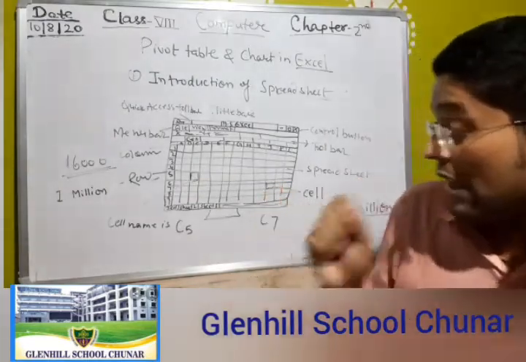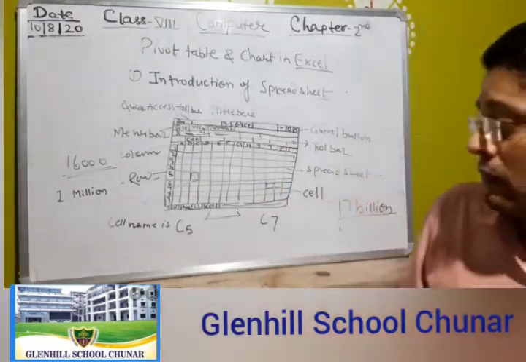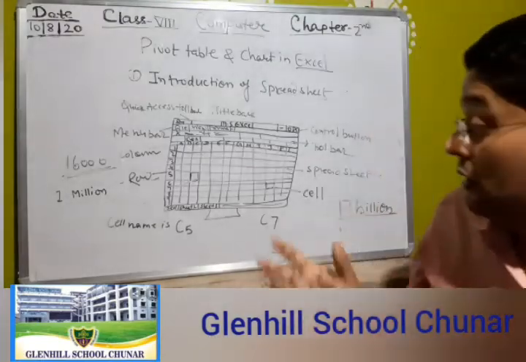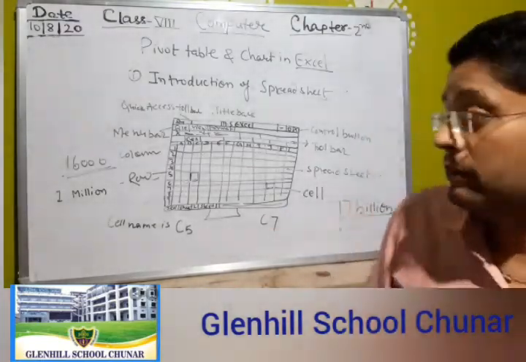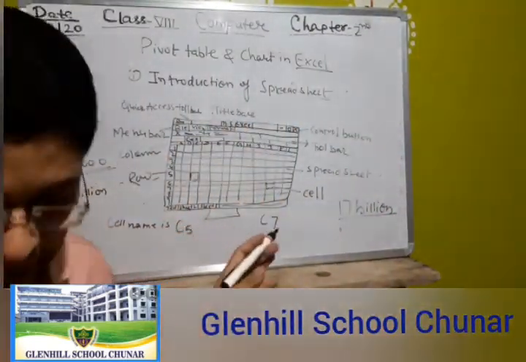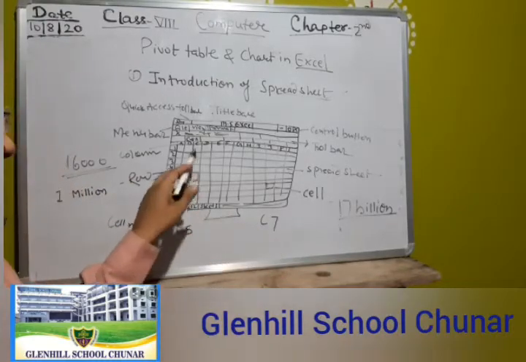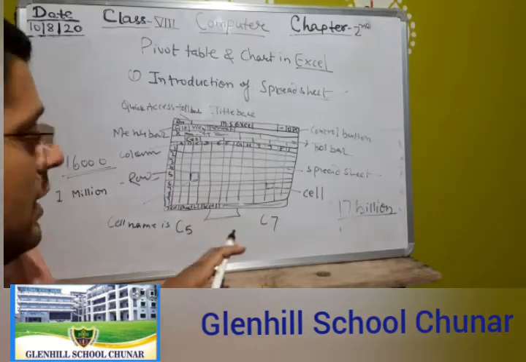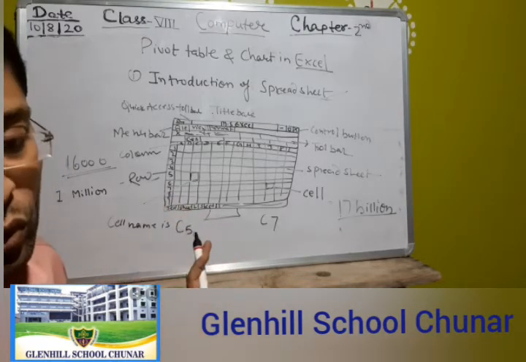Clear about the cell? And how does the computer identify the cell name? For example, the intersection of column C and row 2 is referred to as cell C2.